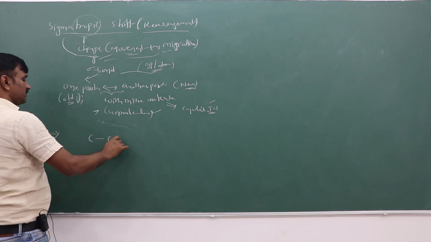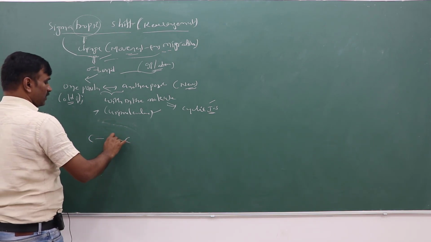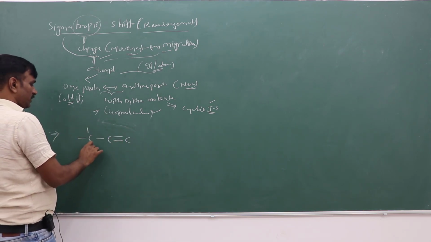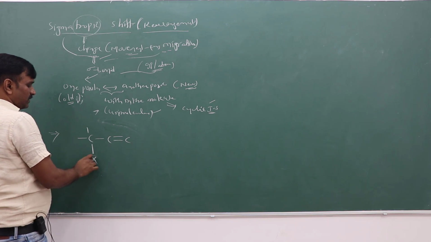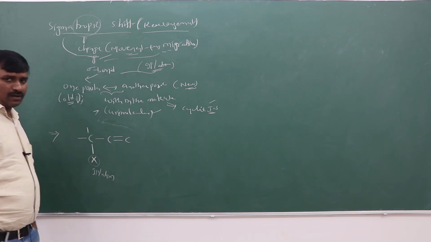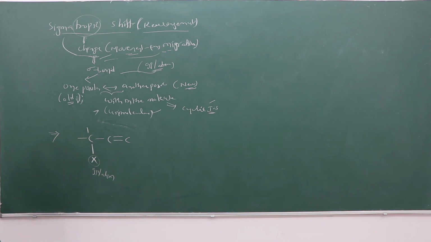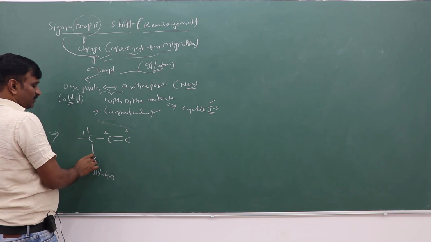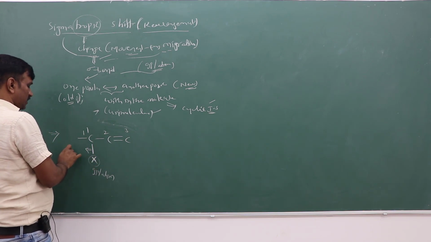So here, in the conjugated pi molecule, this X may be any group or atom. This is the migrating sigma bond.